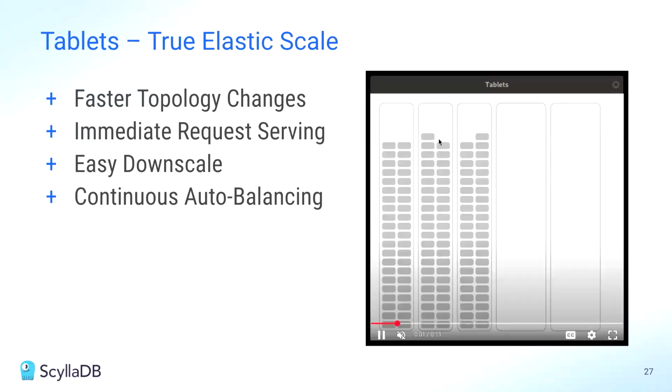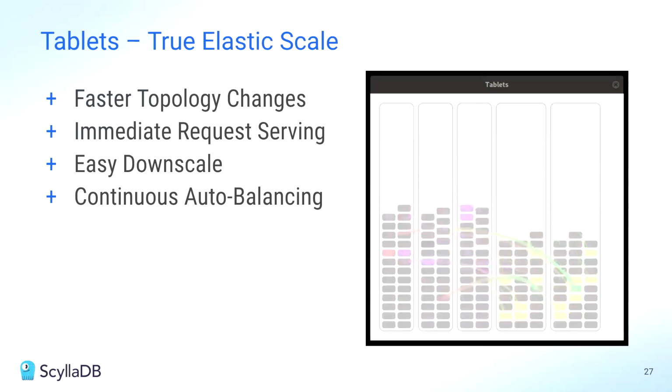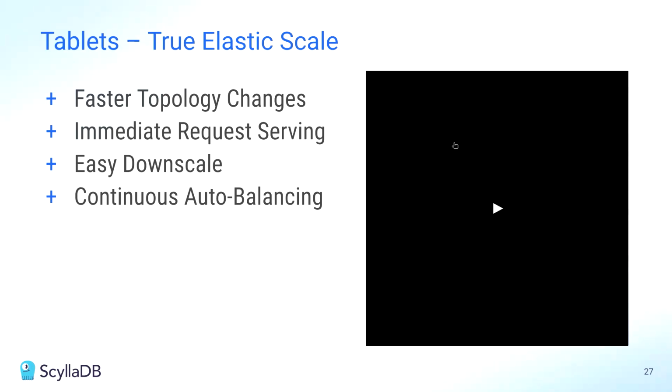And automatically, the system starts streaming those tablets to the new nodes. And even before the data is evenly distributed, those two new nodes can start serving requests. Okay, so it automatically auto balances, and what we saw happens in a matter of minutes. So this is very, very powerful.